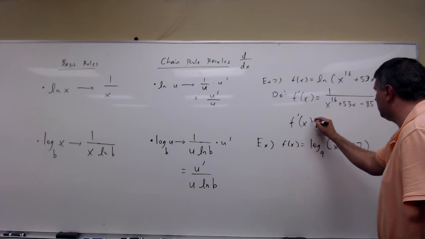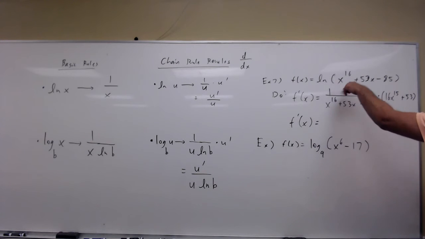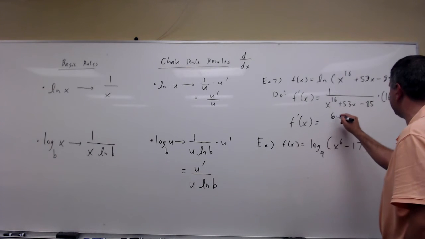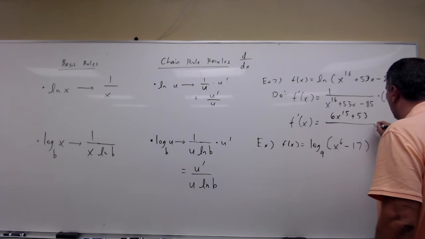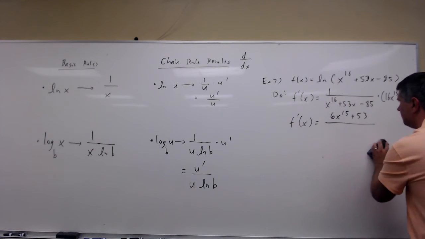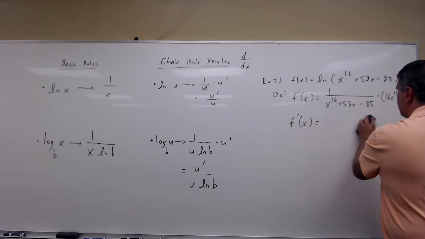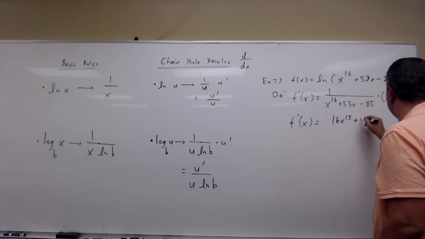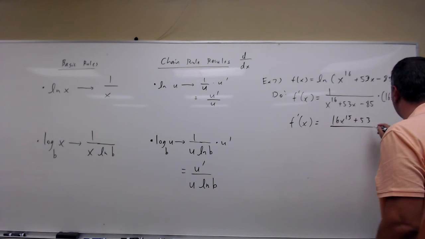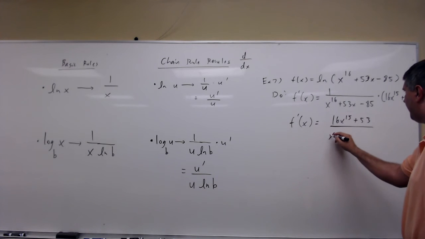So this times 1 just leaves you 16x to the 15th plus 53 over the original denominator.